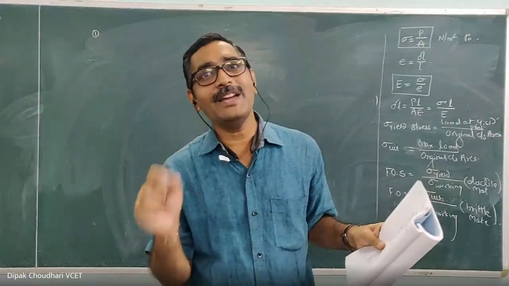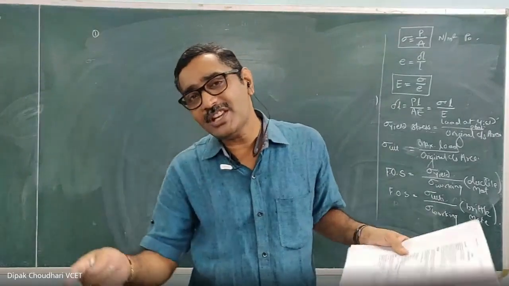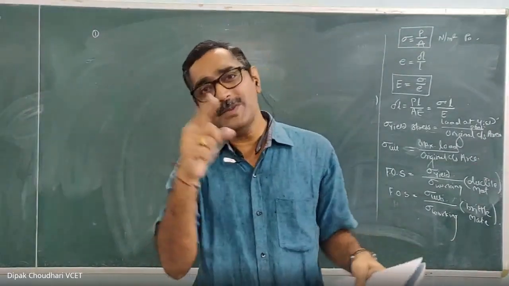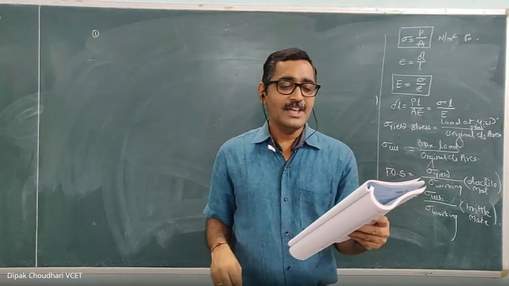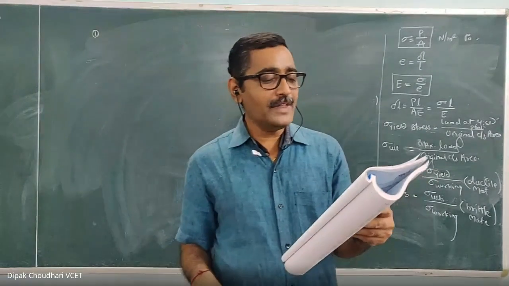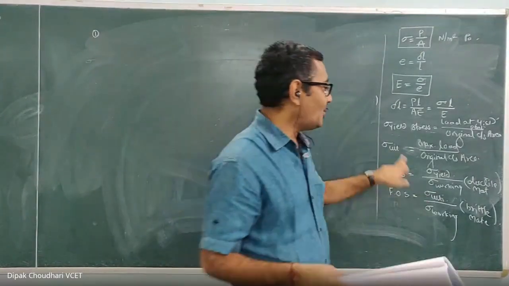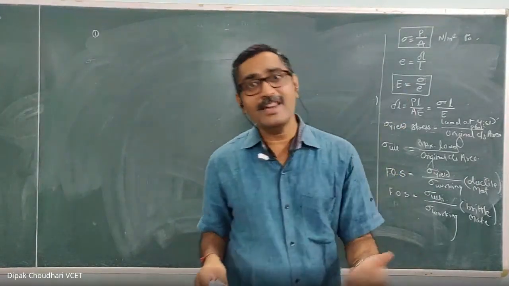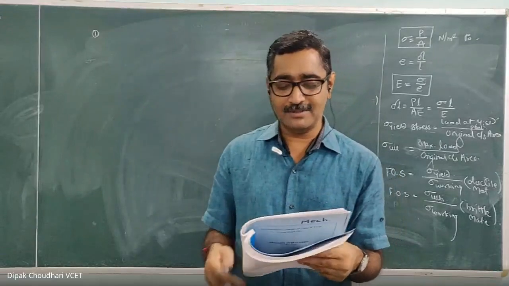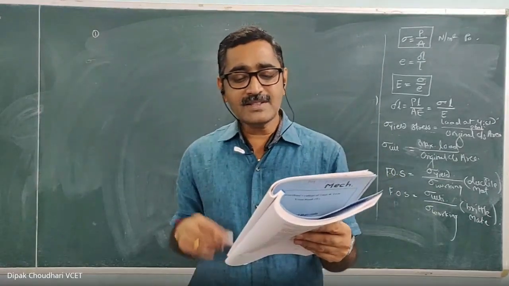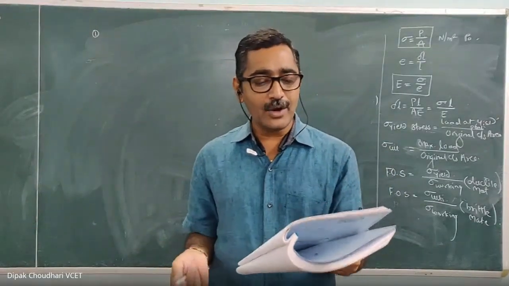The force applied is axial, and the nature is a pull, which means it is a tensile force. If the Young's modulus of the material of the rod is 2 into 10 raised to 5 Newton per millimeter square, where modulus of elasticity is also known as Young's modulus, one and the same thing, determine the stress, strain and elongation of the rod.